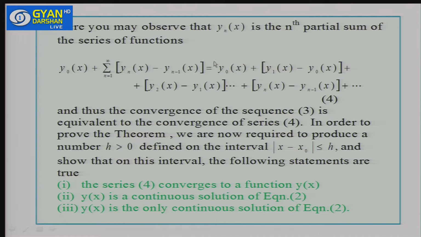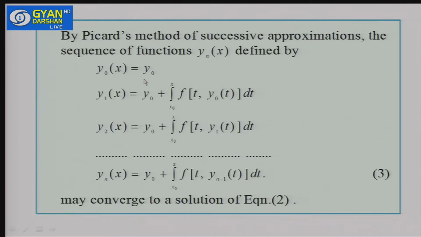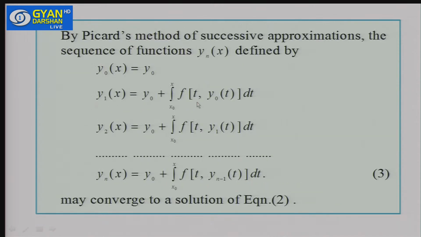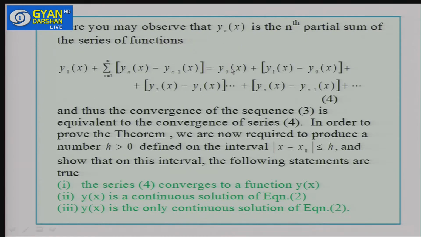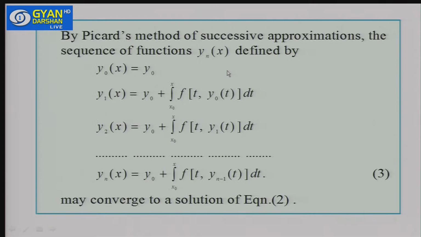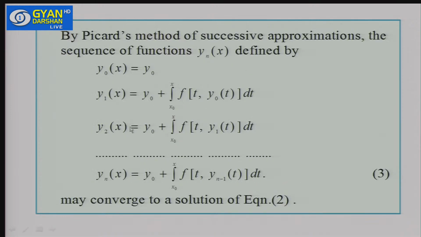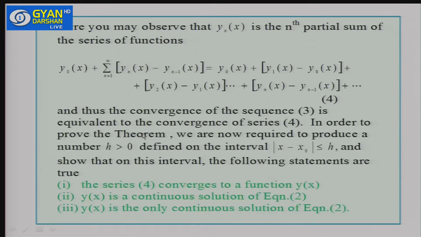See, the first term of this series is the first term of your sequence. The second term of your sequence is the sum of two terms of your series. This is called a sequence of partial sums, because this sequence has been built by taking partial sums of this series. What will be the nth term of this sequence? The summation of the first n terms.